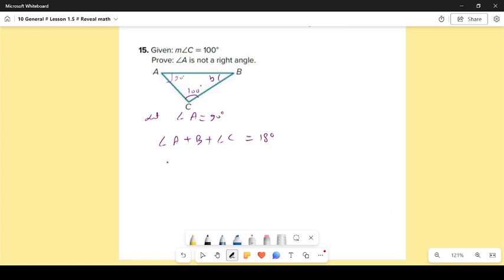But here if I put 100 plus 90 plus B is equal to 180, it clearly shows that it is 190 plus B, which is greater than 180, which is wrong, because the total should be 180, not more than this.